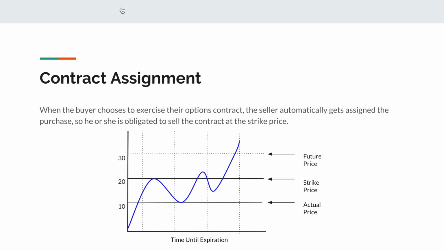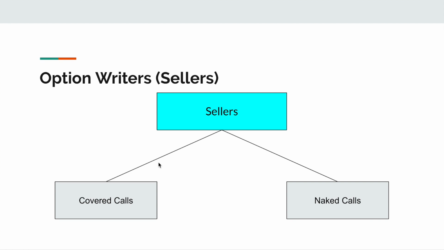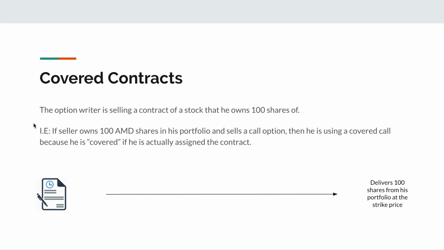So now you're probably asking yourself the question, if I'm a contract seller and I get assigned a contract, how am I going to fulfill 100 shares? Which leads us to our next point, which is explaining the difference between covered calls and naked calls. Covered contracts are contracts in which the seller already owns 100 shares of the specific stock on which the option is being traded.